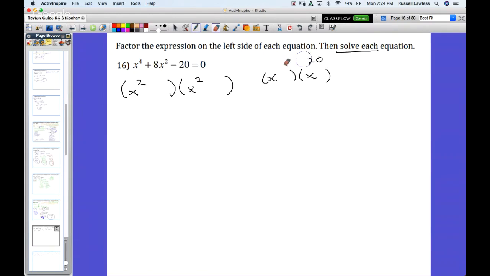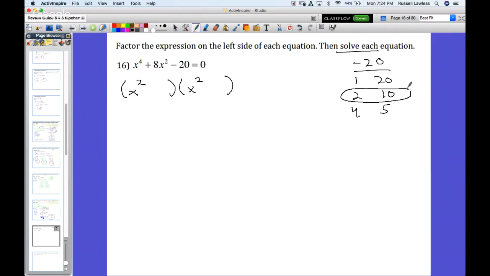I'm going to erase this because I know that confuses people sometimes. And so I need a value for -20 that adds to 8. Looking at my factors of -20, that's 1 and 20, 2 and 10, 3 doesn't work, 4 and 5. So something that adds to 8, well, if I had a positive 10 and a -2, that'll work.